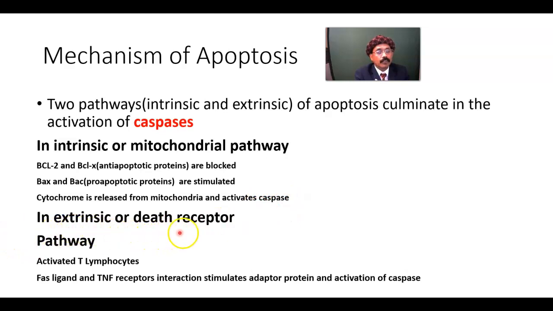In the extrinsic or death receptor pathway, the activated T lymphocyte has Fas ligand and the cell membrane has tumor necrosis factor receptor. This ligand and receptor interact, which stimulates the formation of adaptor protein, and that activates caspases.